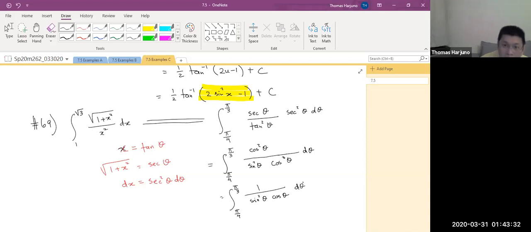Does it help? I guess not, huh? That would be a cosecant thingy. Nah, I don't think I'm going to go in that direction.